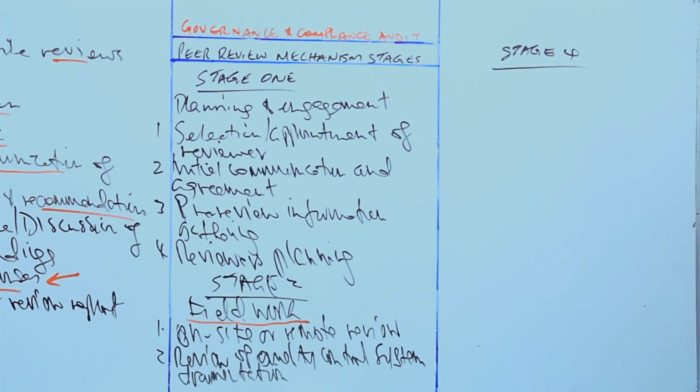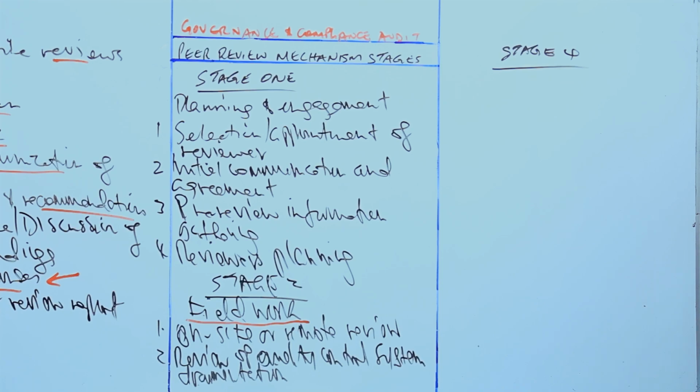They also check if the corrective action plan is reasonable and sufficient. After that happens, this oversight body may communicate with both the reviewer and the reviewed entity for clarification.